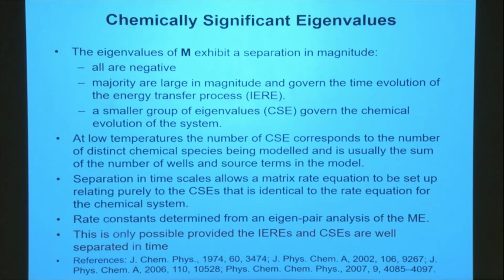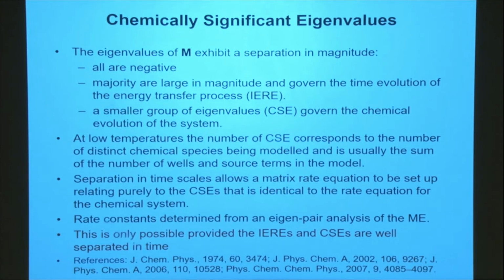So these should be processes that are rapidly equilibrating, which is related to that large negative eigenvalue. And then we will have a smaller group of eigenvalues called the chemically significant eigenvalues that are less negative. And it's actually the smallest eigenvalues which are determining the chemical behavior of the system. So these are governing the chemical evolution of the system.